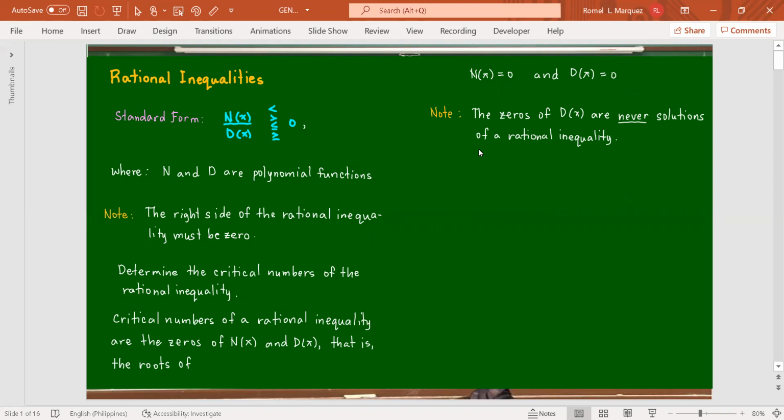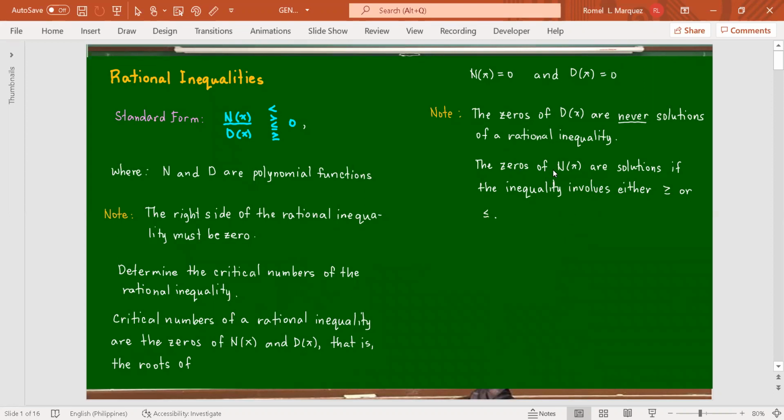The zeros of n of x are solutions if the inequality involves either greater than or equal to, or less than or equal to. Is that clear, children?